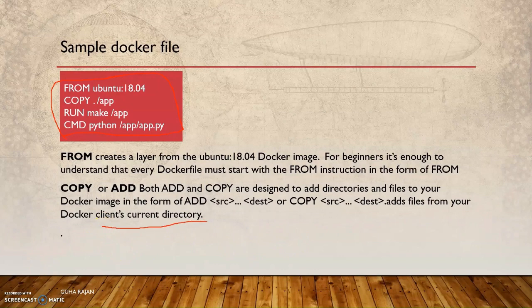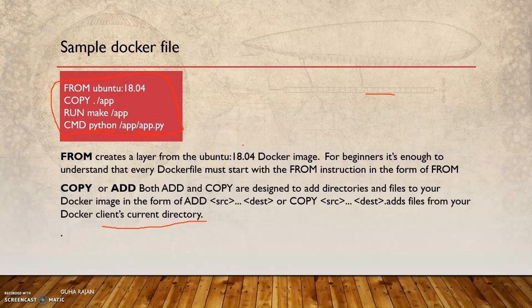So basically, whatever the references are, in this case you're going to use the app.py, that is the program. We will be using Python. That program might refer to some dependencies, so those need to be copied as well.